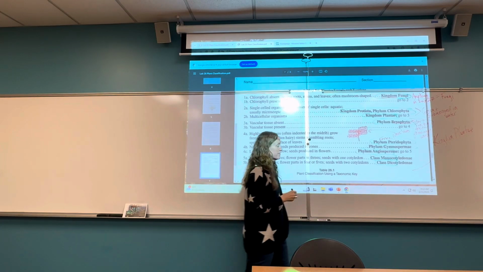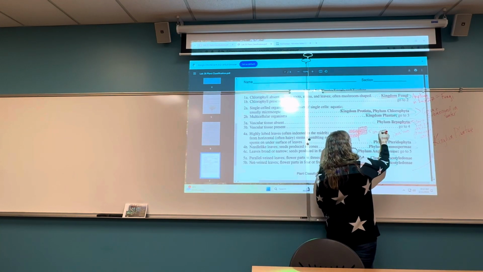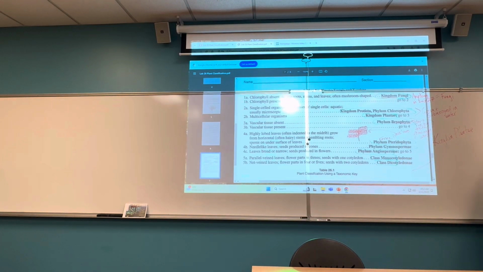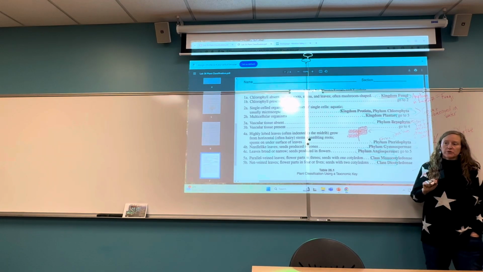Other things that ferns can have: I don't think we have any spores. I'm not even going to put that down. And I don't think we have any of the fuzzy roots. So this is really what you need to focus on.